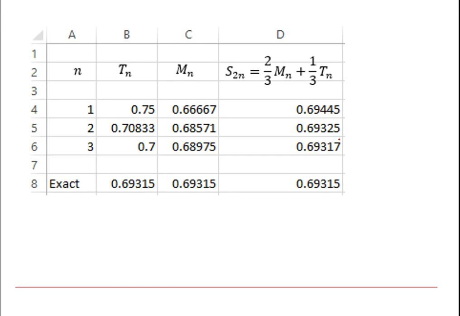We can see that in the third row we've got a figure for Simpson's rule which is very close to the actual figure, whereas the two values for the other two methods are quite a way off the actual value. So in practice Simpson's rule would be used in preference to the trapezium and midpoint rules.